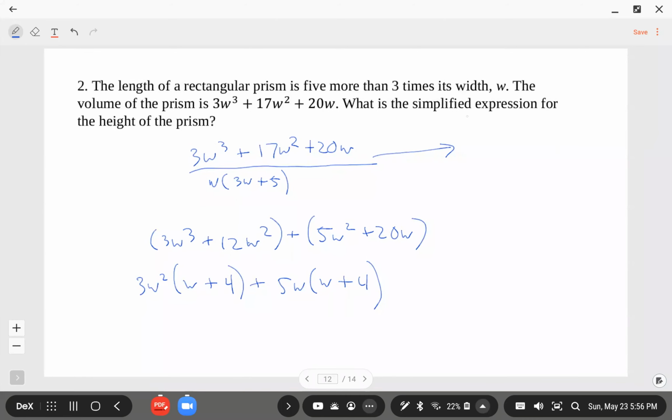We have w times, hold on a second. 3w. Oh, voila. Wait, since when did we have that? 3w squared plus.